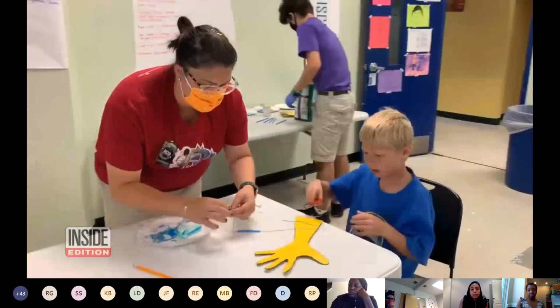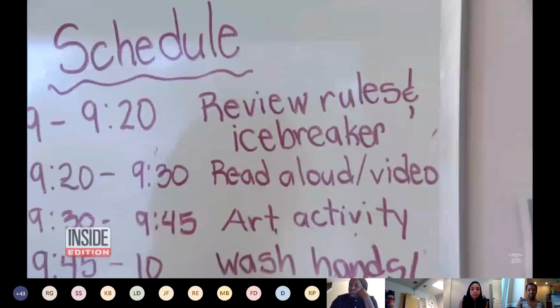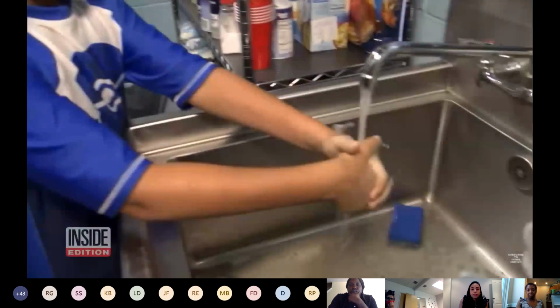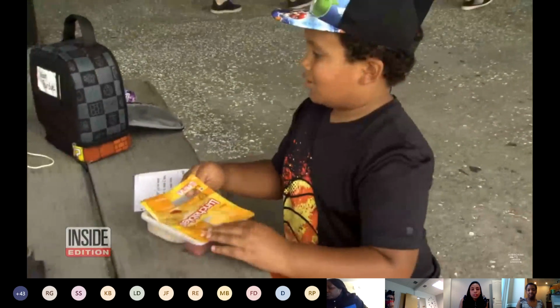Make sure we wash our hands. Check out this daily schedule. Washing hands is part of the official routine, at 9:45, then again at 10:50. There are hand washing stations and hand sanitizing stations. And while the camp used to provide communal lunch, campers now have to bring their own food from home, and only 3 to a picnic table.